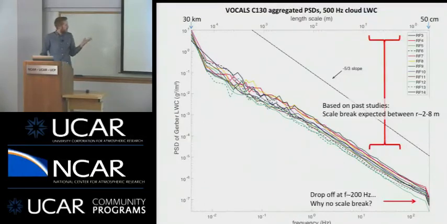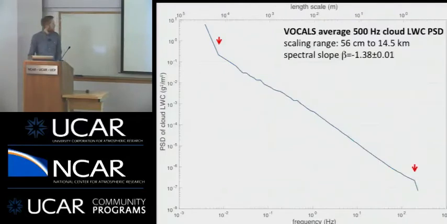So why aren't we seeing a scale break at this 2 to 8 meter range and instead seeing a drop off? Well, let's simplify a little bit. Now this is the aggregate over the entire field campaign of 500 hertz cloud liquid water content. And we can see where these red arrows are, a scaling range from 56 centimeters to about 14.5 kilometers with a spectral slope of -1.38.